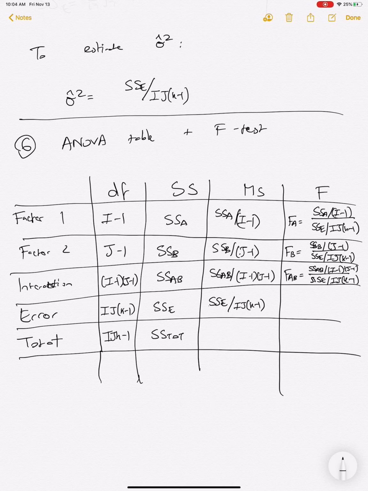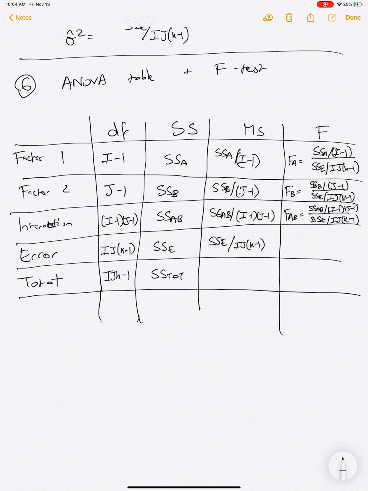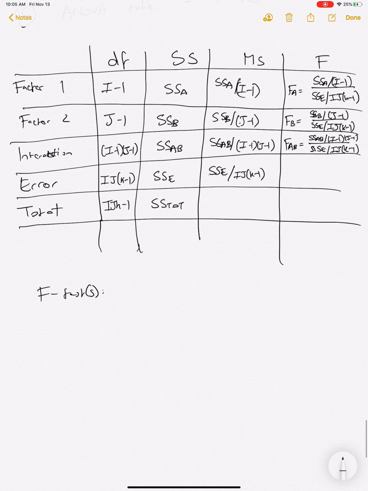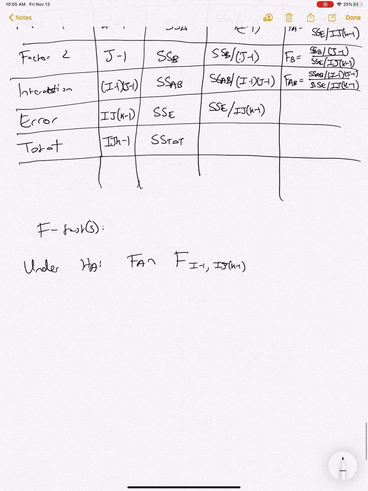Okay, and so now we're pretty close to done. If we want to do our f-tests, we have that under HA, the null hypothesis A, FA should have an F distribution with I minus 1 and ij times k minus 1 degrees of freedom.